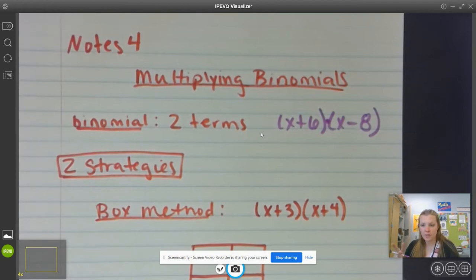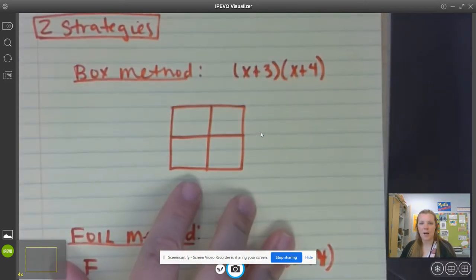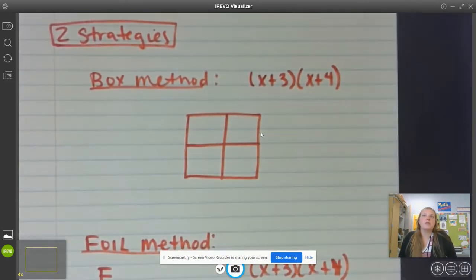I'm going to show you two different strategies, and these strategies are just ways of organizing your work, and your job is going to be to pick the way you think makes most sense to you. So the first is the box method, and if you've really loved biology and Punnett squares, then you might really love the box method.